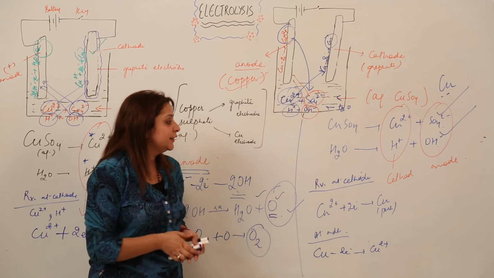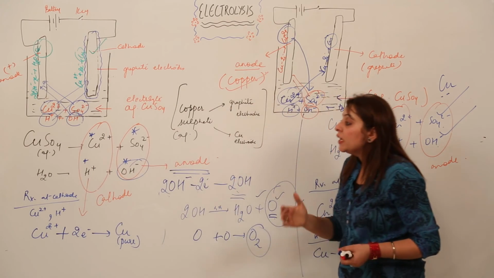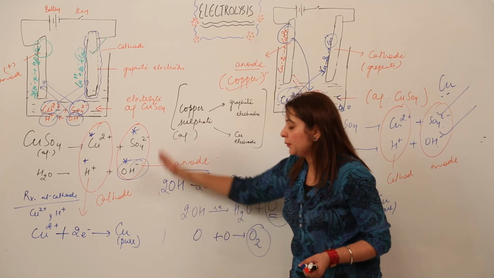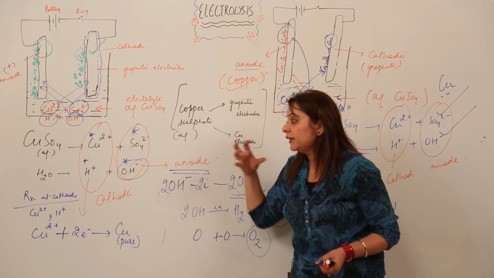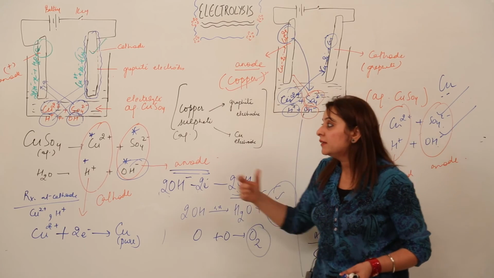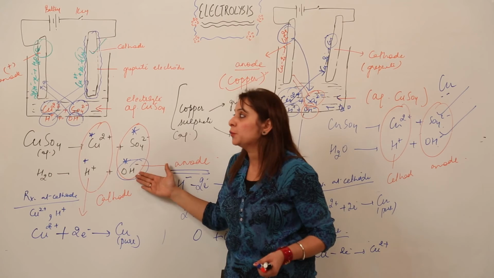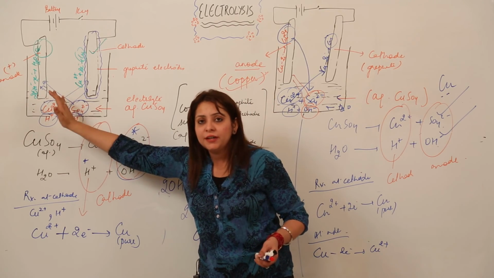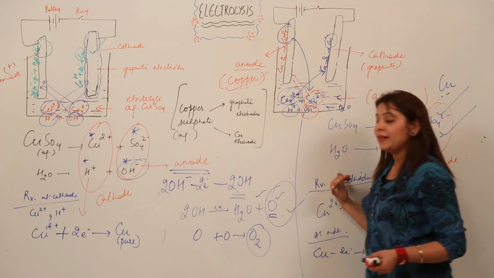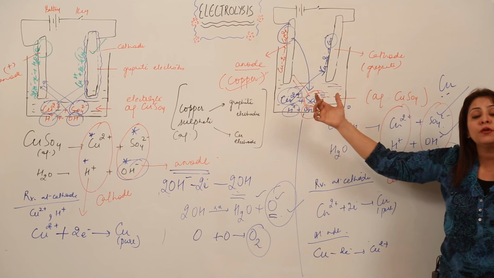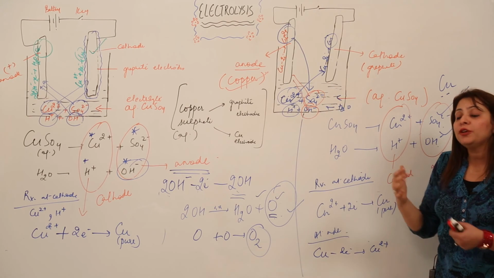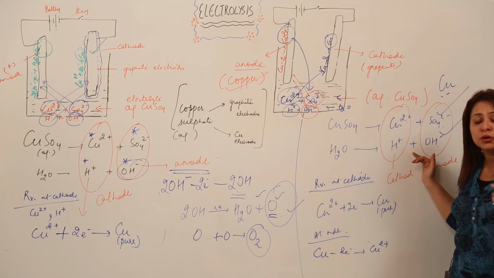So here is the difference. I think you can predict the difference now. Till here it is the same, but the difference lies only in this, that in the earlier case the anode was made up of graphite, and out of them this has the lower electrode potential and this actually gets oxidized, right. But in this case, since the anode is already made up of copper, neither this nor this showed oxidation.